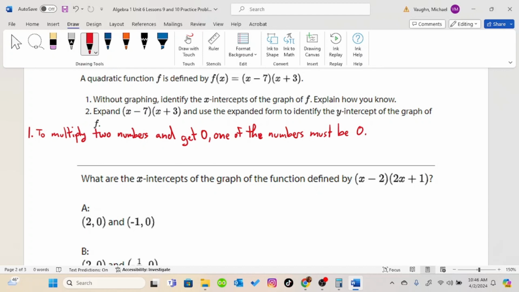So either x minus 7 equals 0 and x equals 7, or x plus 3 equals 0 and x equals -3. So my x-intercepts are 7, 0, and -3, 0.